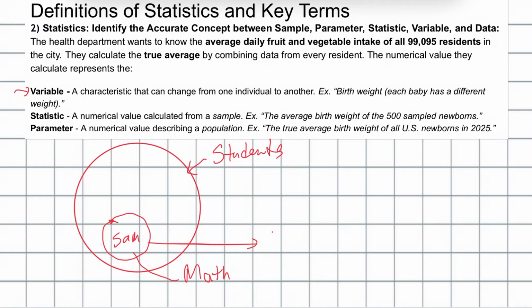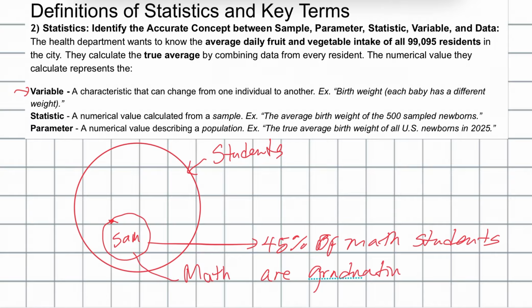Let's say, for instance, 45% of math students are likely to graduate in 2025.